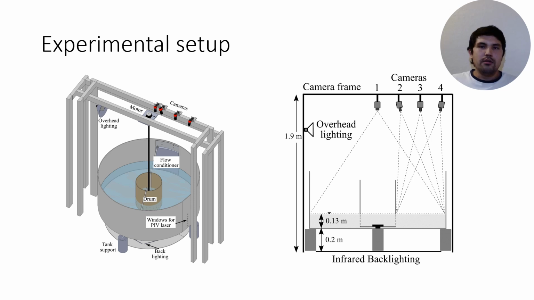So the flow in the tank is varied in speed using this inner drum that rotates and an outer tangential jet, and also we can adjust the light levels, and we have multiple cameras attached overhead the frame so that we can get their 3D positions at different trials with combinations of these mainly three features.